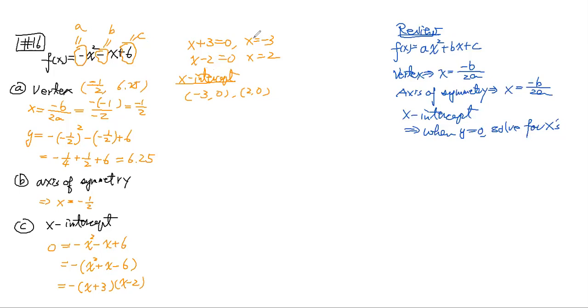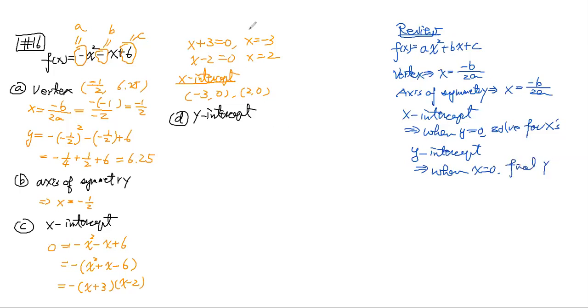And the y-intercept, so D, this is the y-intercept. What is the y-intercept here? Let's do a review. The y-intercept is when x equal to 0, then you find the y value.